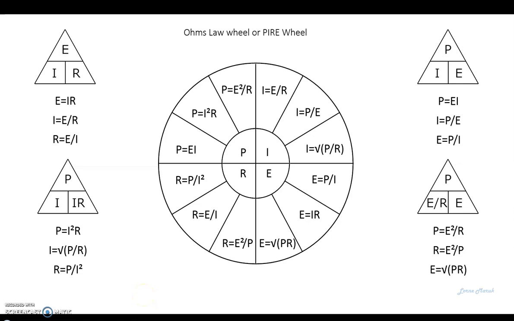Take 3. Once again, here is the Ohm's law wheel, or Pie wheel, showing all the 12 formulas that can be derived from the voltage triangle and the power triangle.